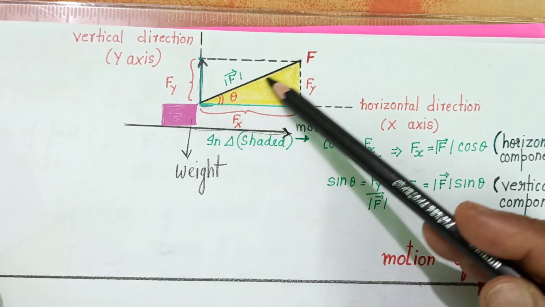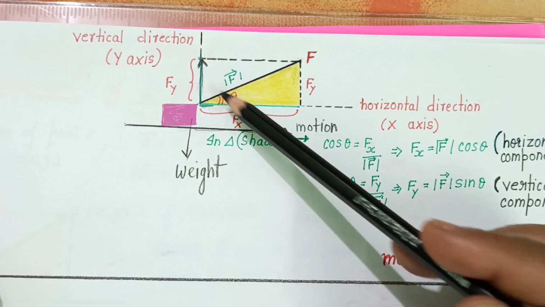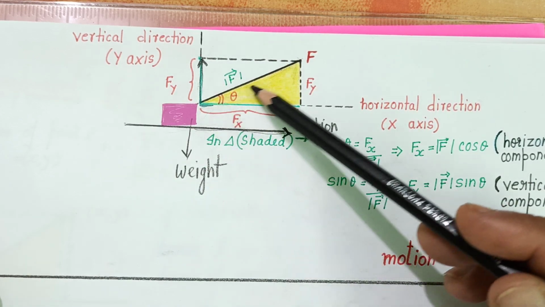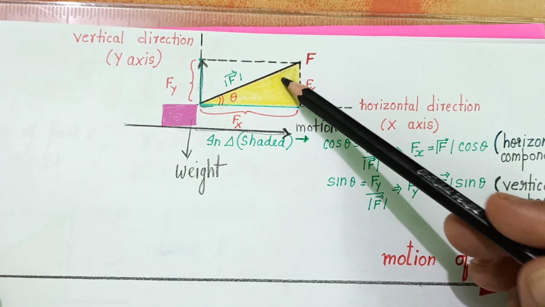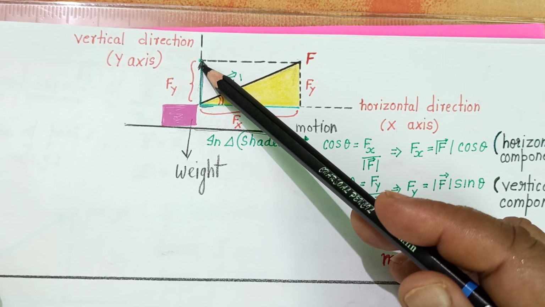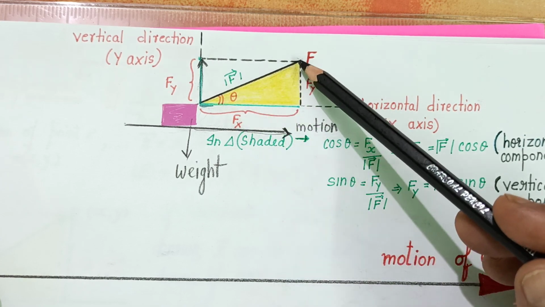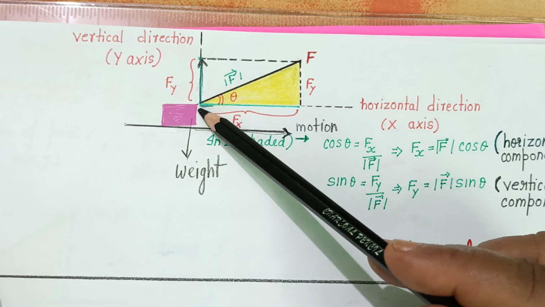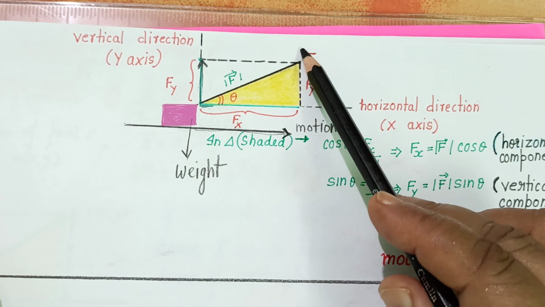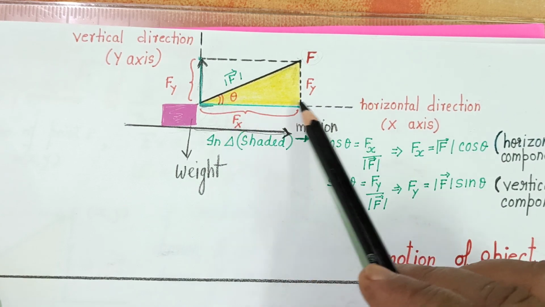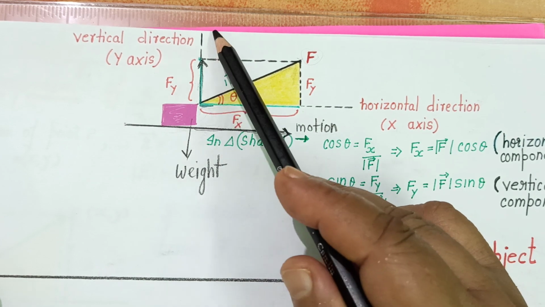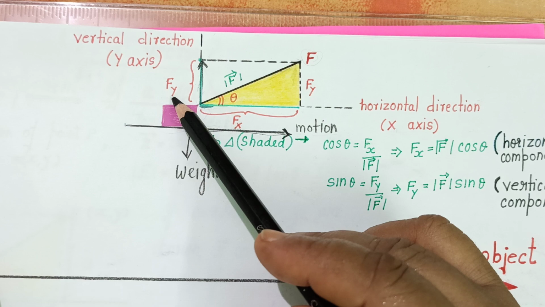So the effect of force in two mutually perpendicular directions is called the component of a vector quantity in x-axis direction and in y-axis direction. And we represent the component of this force in x direction as Fx and in y direction as Fy.